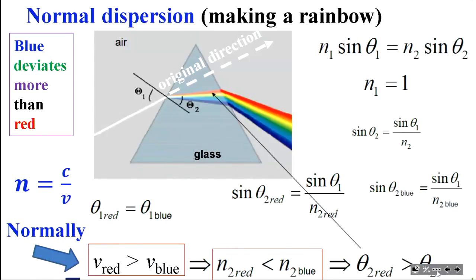So when white light travels through a prism, red, yellow, green, blue light bends slightly differently. The phenomenon studied by Newton as well.